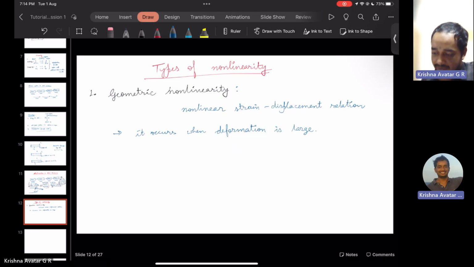Let me start with a simple example. You're given a cantilever beam, and say this beam is subjected to a very small load. Say you are applying a small F. Then this will lead to very small deflection, isn't it?